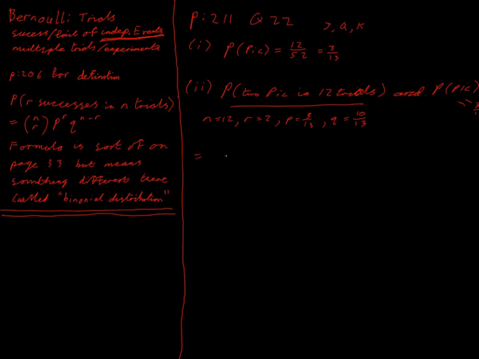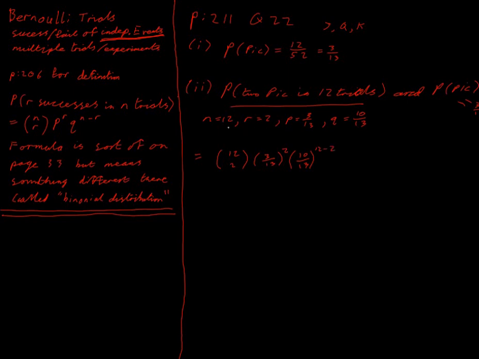So we now know everything we need. Let's write this out. We're going to have 12 choose 2. We must have 2 successes out of 12 trials, multiplied by probability of success to the power of our number of successes, multiplied by probability of failure to the power of our number of failures, which is going to be 10 failures.